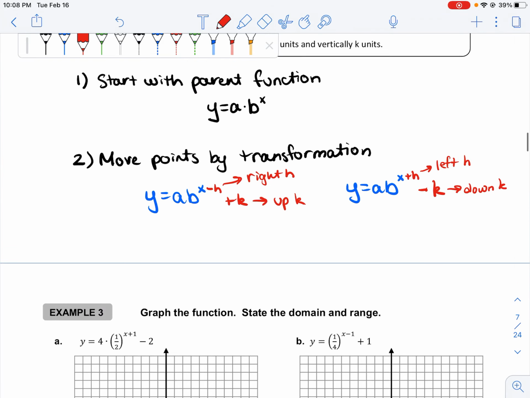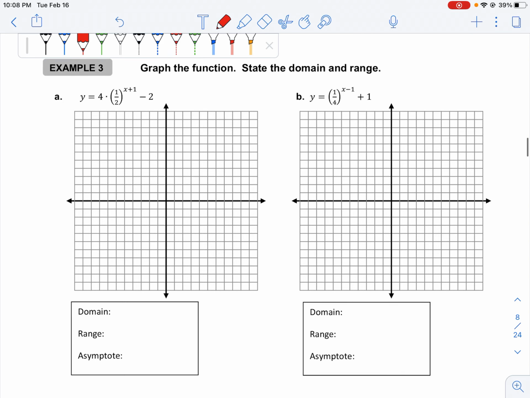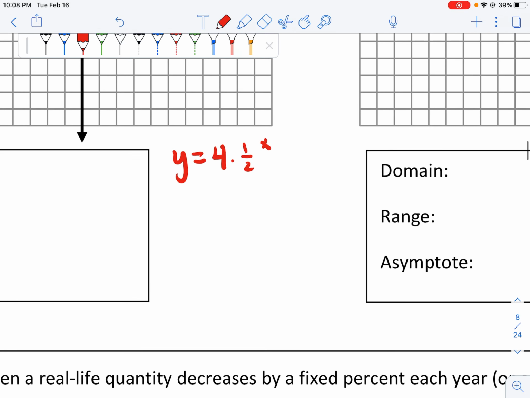So I'll run through these examples and then you can start on your work. Again, start by graphing just the parent function. I'll do that in red here. So we have y equals 4 times 1/2 to the x. At x equals 0, you can follow that rule: it's going to be 0, comma, whatever your a is, so 4.